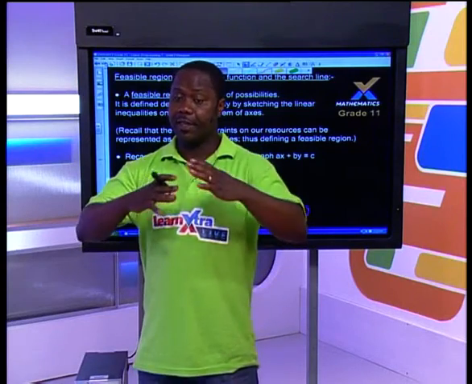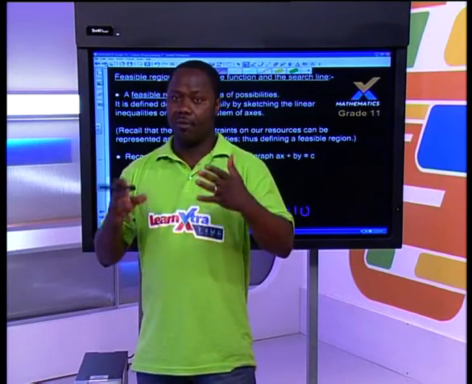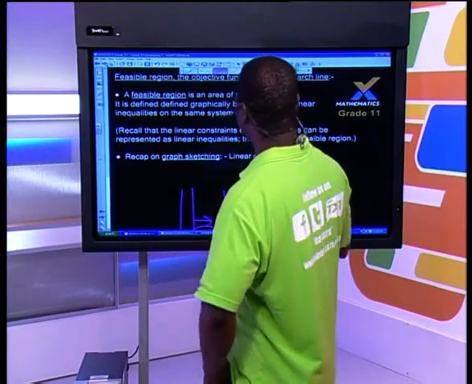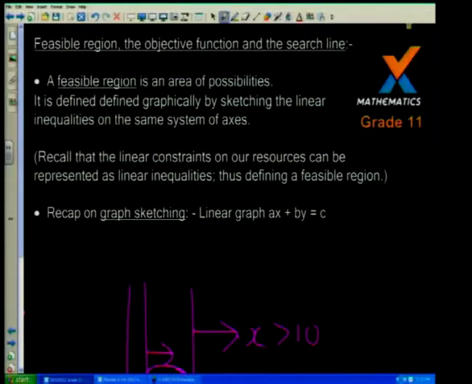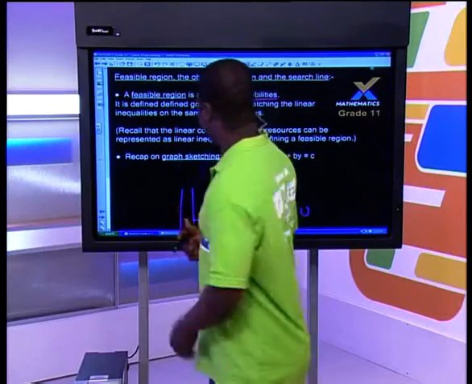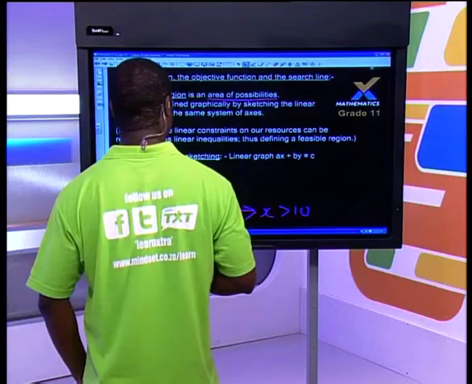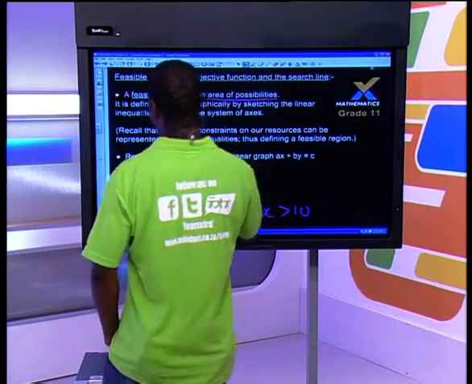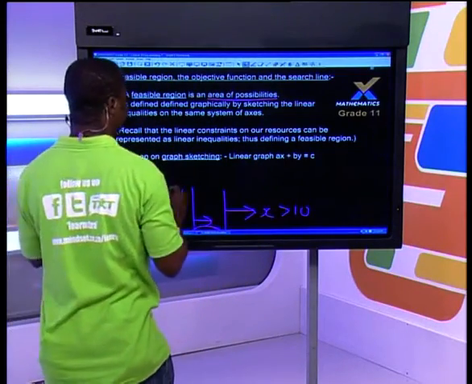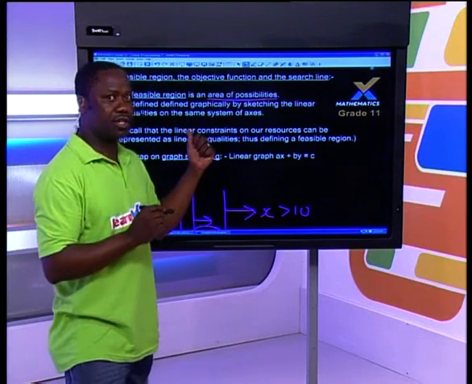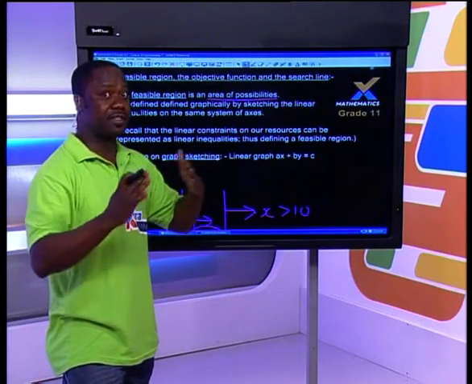So the feasible region is that area where your solution must come from. I called it here an area of possibilities. Graphically, like I said, it's the polygon where you can find your solutions. All right. So if we can just draw a few graphs, this is now just to illustrate how we can find a feasible region.